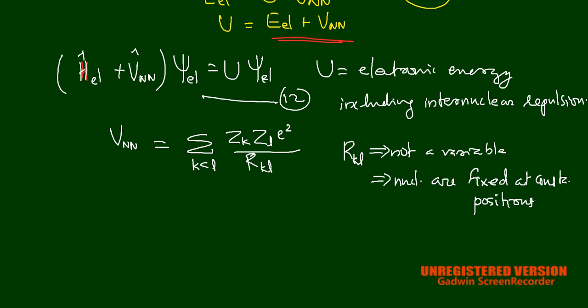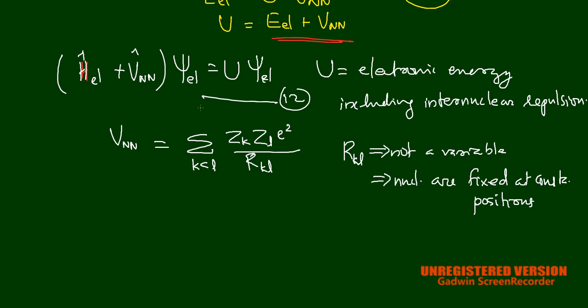We know this fact. But when we are solving this Schrodinger equation, we fix the nuclei at a certain constant position. Then we go for solving the Schrodinger equation, and we will get the psi electronic and U.